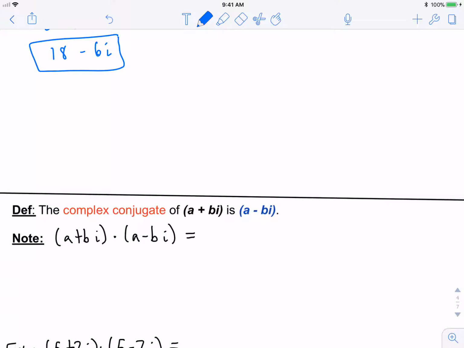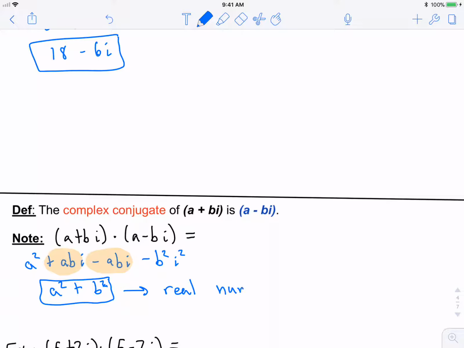So a plus bi times a minus bi becomes a squared plus abi minus abi minus b squared times i squared. Notice that our middle two terms are the same, and they're going to cancel out. And minus b squared times i squared will become plus b squared, since again i squared is equal to -1. So when we multiply a complex number by its complex conjugate, we always end up with a nice real number.